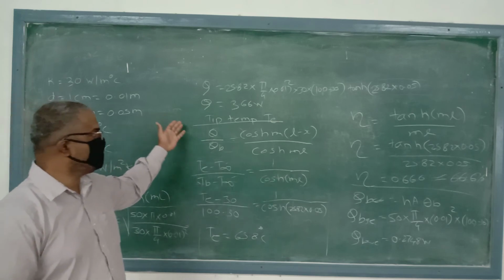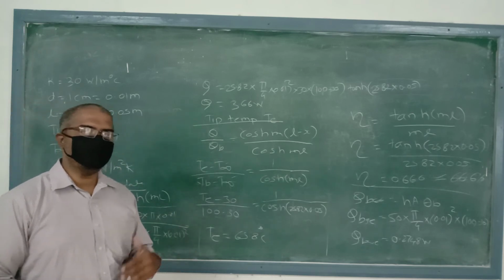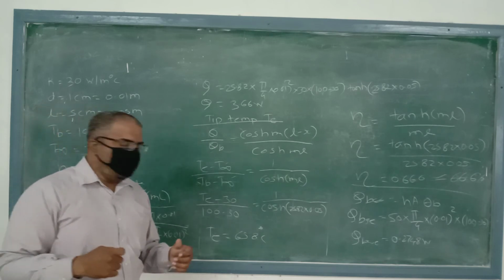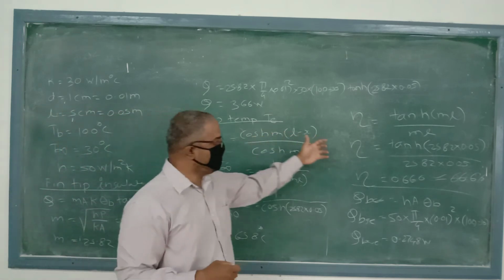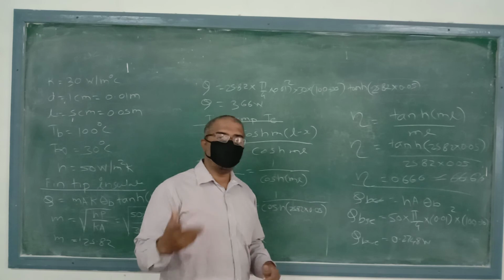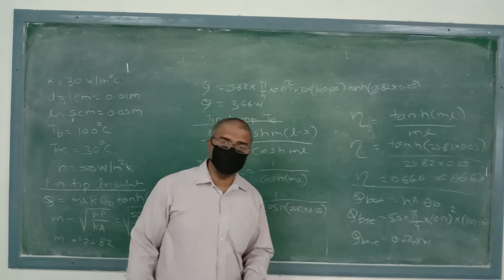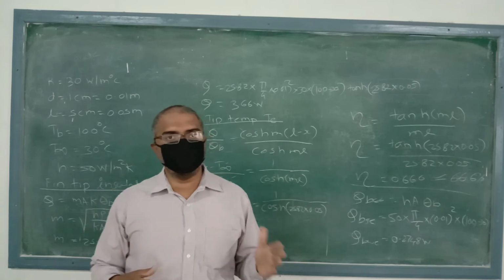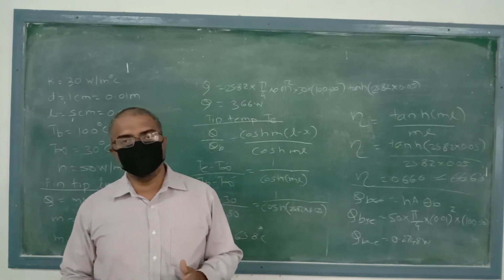Next they are asking you to find the temperature at the end of the tip. Next they are finding the efficiency of that fin, and lastly they are asking you to find how much heat is transferred from the base of the fin to the fin.